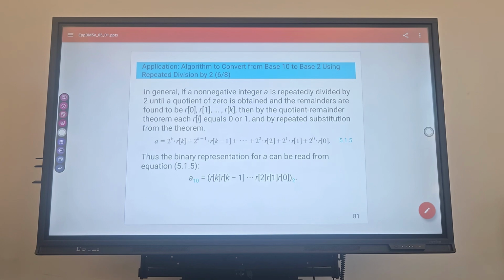Thus, the binary representation can be read from equation 5.1.5. A base 10 is equal to r sub k, etc. to r sub 2, r sub 1, r sub 0.